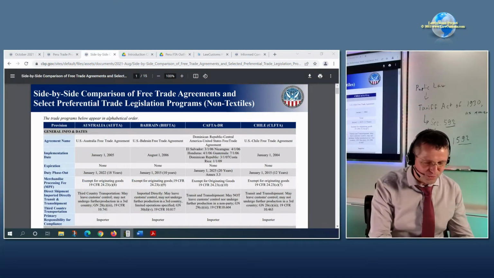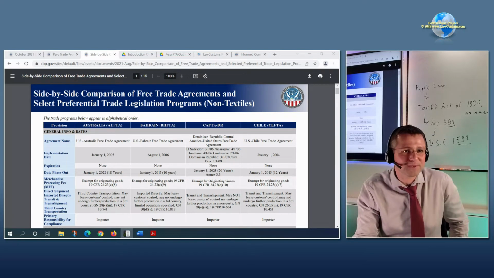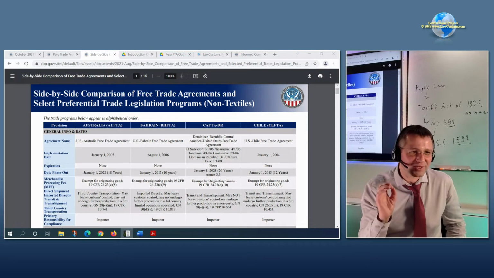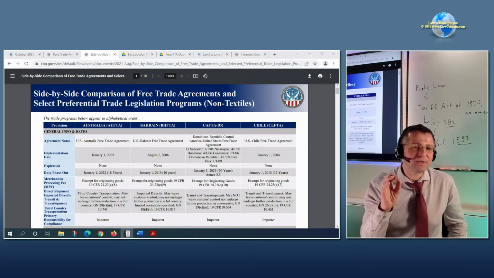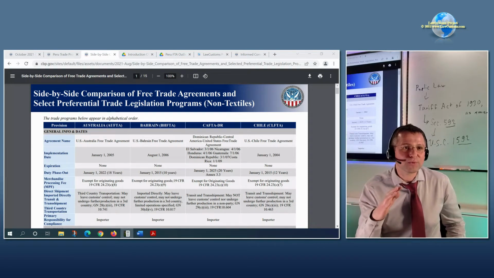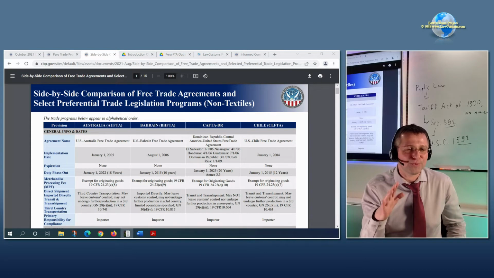I urge everyone to print it out because what CBP does on a regular basis is they provide updates of the key regulations and key provisions within the HTS-US that deal with various aspects of various trade agreements. So that way, it's kind of like a table of contents for the free trade agreements.